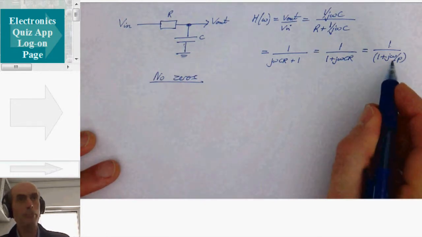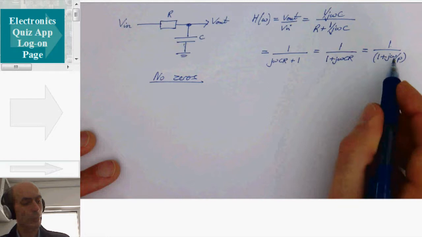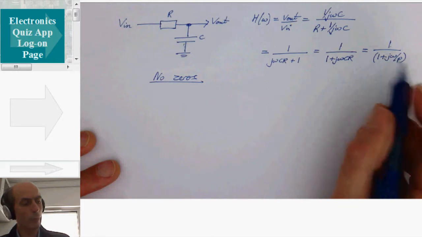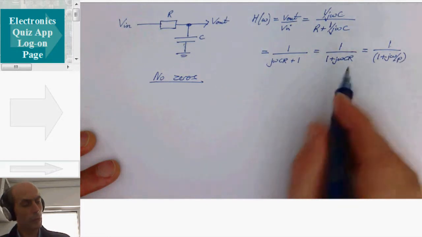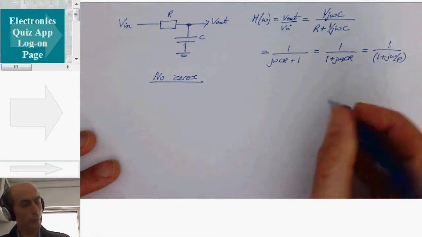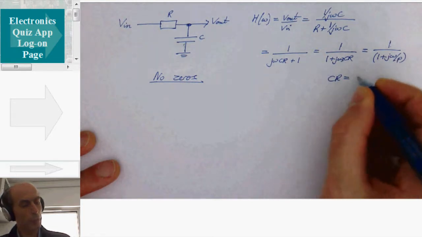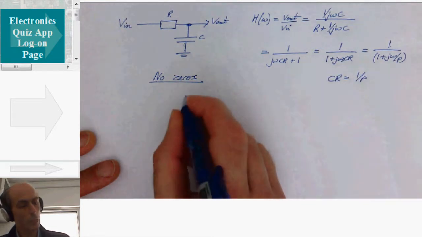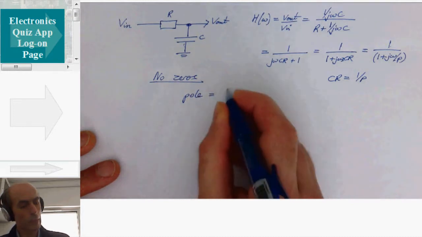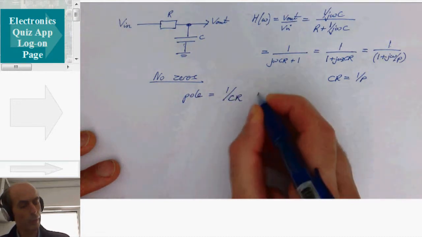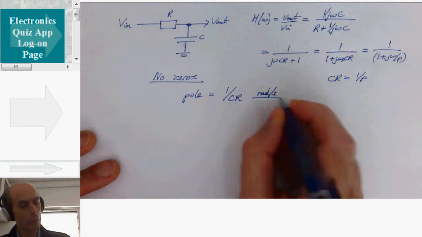On the pole side, the bottom, we do have 1 pole, and you can see, comparing this to this, that CR must be 1 over P. In other words, there is a pole at 1 over CR, and that's in radians per second.